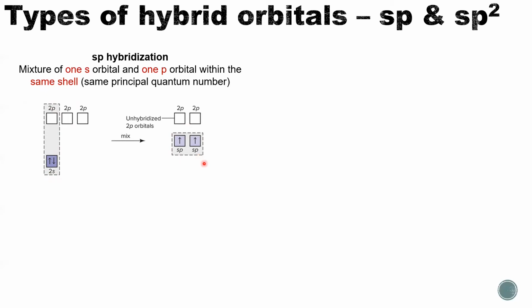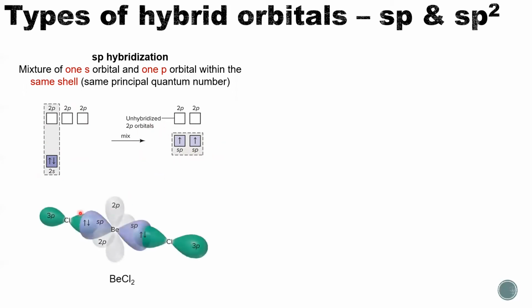So the number of mixed orbitals equals the original number of orbitals we use. If we do that, the paired electrons in the 2s now become 2 single electrons in the sp orbitals. So that makes them available for bonding.